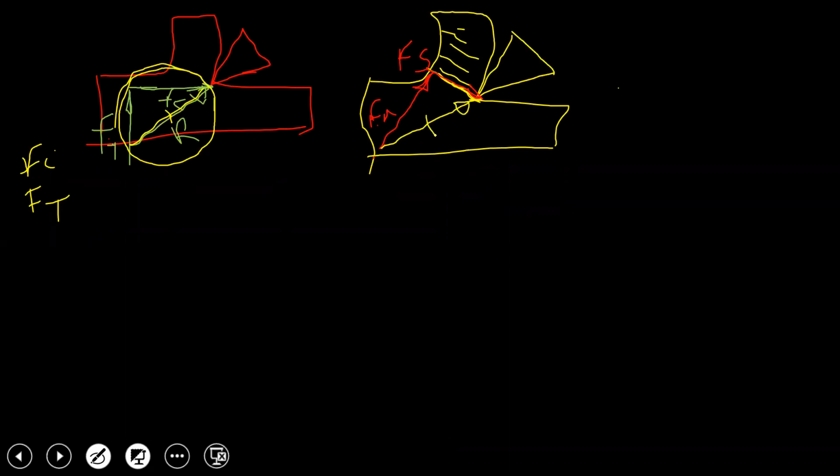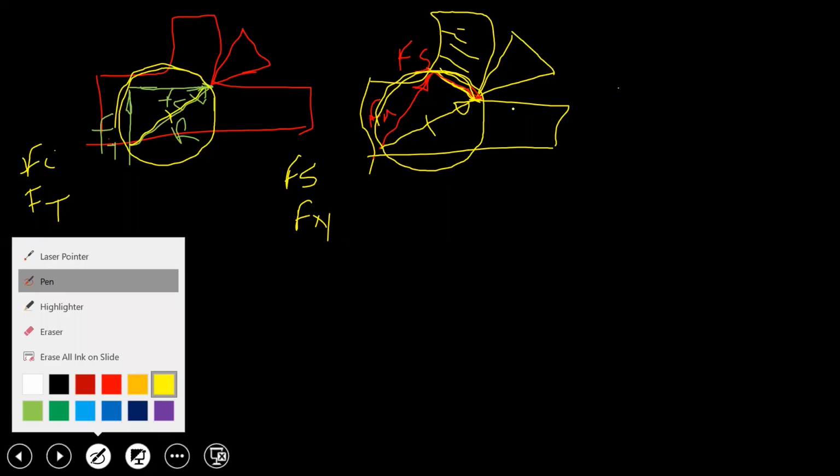I will look at the midpoint of that resultant and construct a circle. So again the forces that I have considered over here, Fs and Fn, their endpoints lie on the circumference of the circle. So this is the second case.